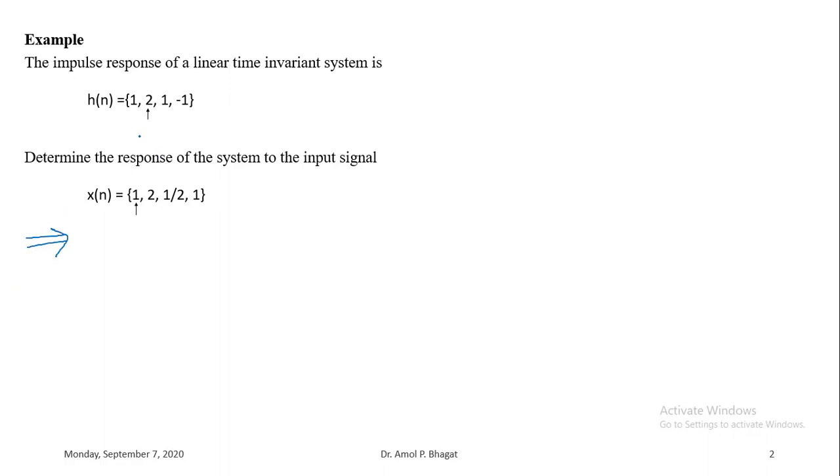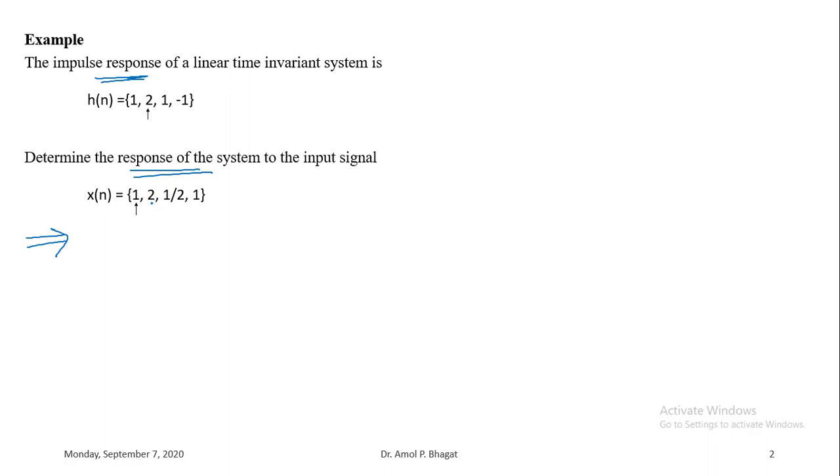We have to identify the response of the system. The given impulse response h of n is 1, 1, 2, minus 1, and the input signal is x of n equals 1, 2, 1 by 2, 1.